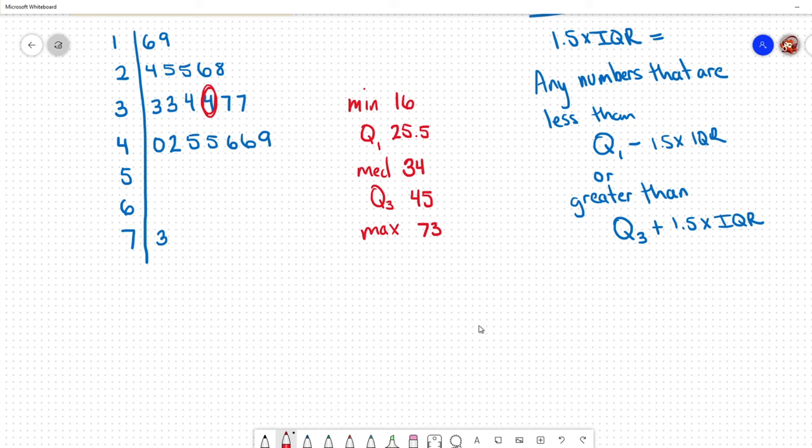Now, time to construct our whiskers. Since I see that our minimum is 16, I'm going to start at 10 and go in increments of 5.